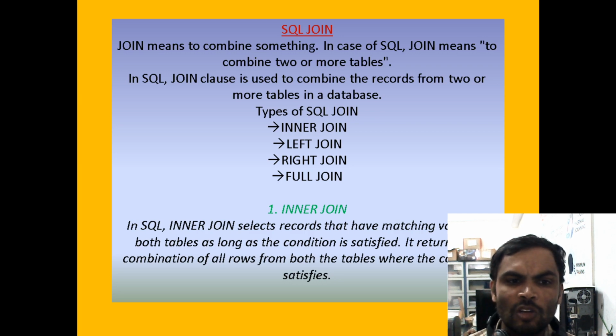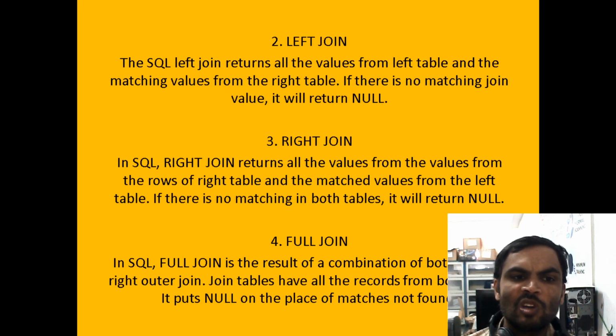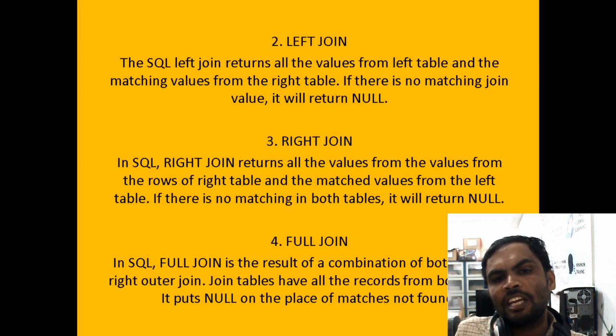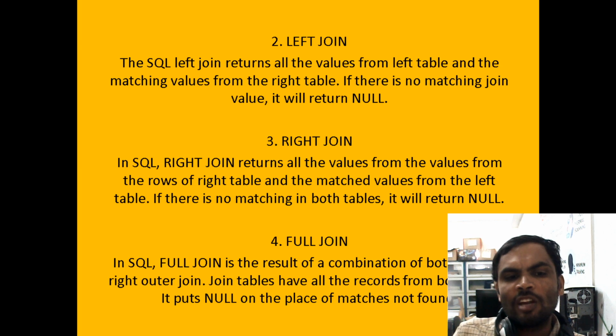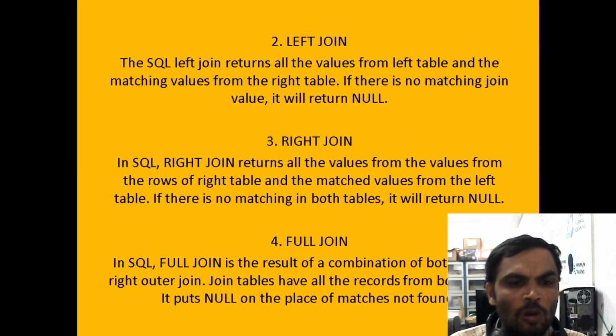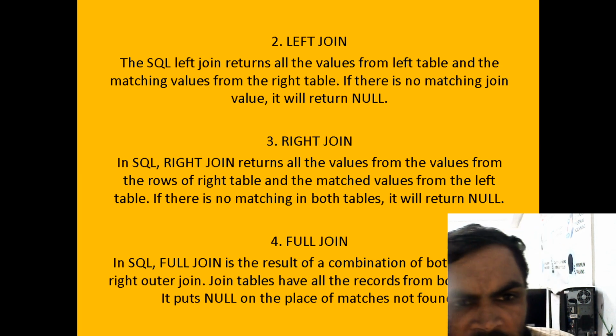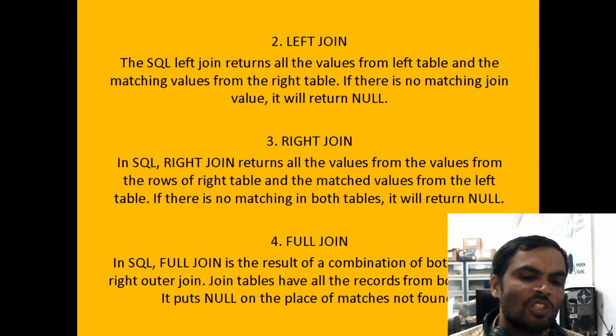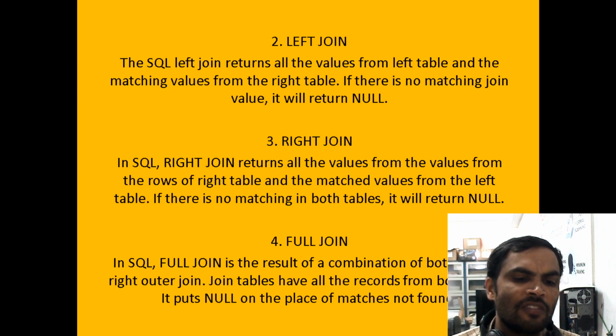Coming to the left outer join, if a column from any table is missing or the data is not matching, it will return null values. Right outer join returns values only where both tables match. Full outer join means that without writing left outer join and right outer join separately, we can use a full join.